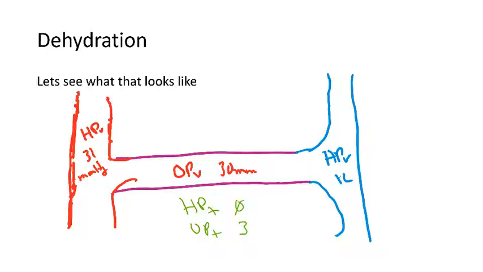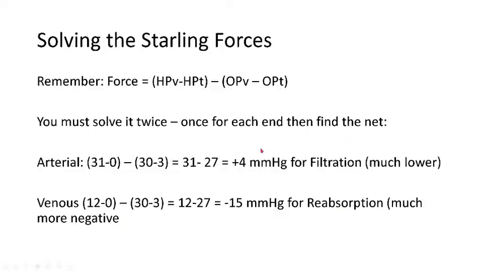We have HPV of 31, we have the oncotic pressure of 30, we have the HPV at the venous end of 12, and we have the hydrostatic pressure and the oncotic pressure of normal. The other thing I encourage you to do is color code. You notice how my tissues are green, my arterial end is red, my venous end is blue. It's okay to color code. In fact, it's encouraged.